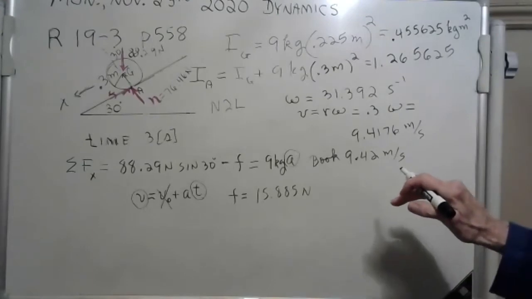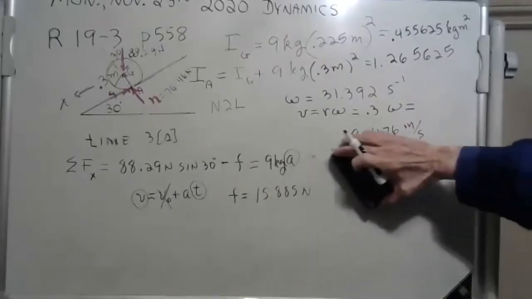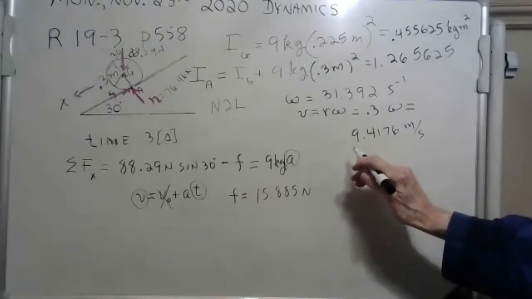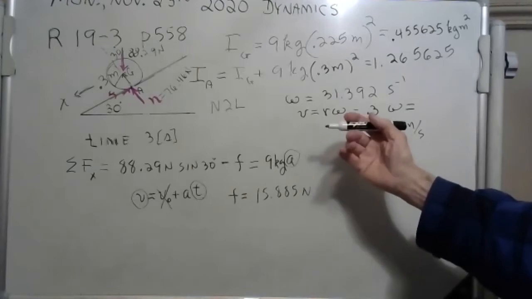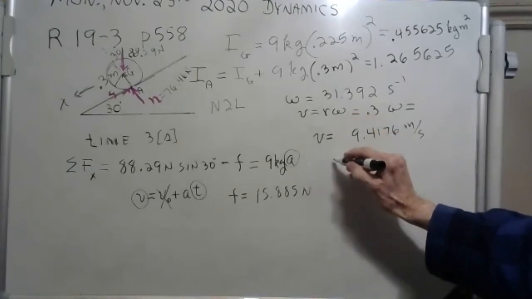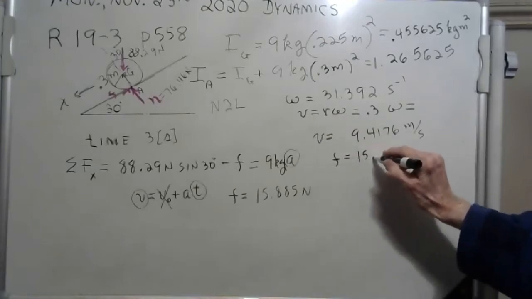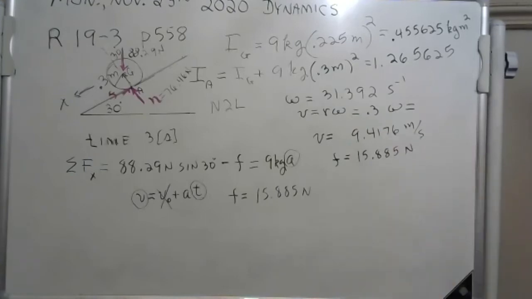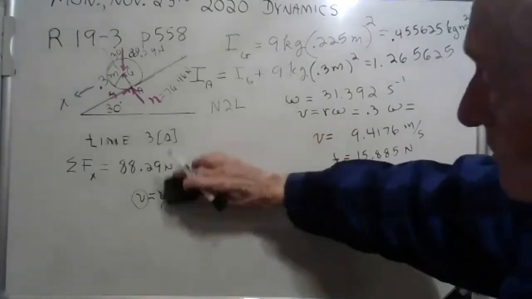Let me write it over here someplace. It's a keeper. This was the velocity here. That's the velocity. And the friction we think is blah, blah. And I need some room here to do this.